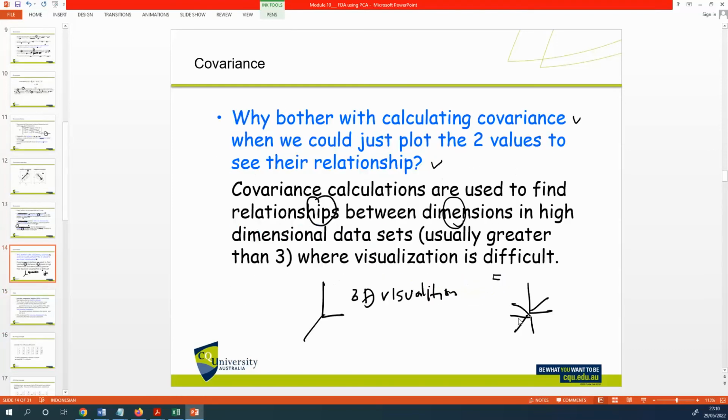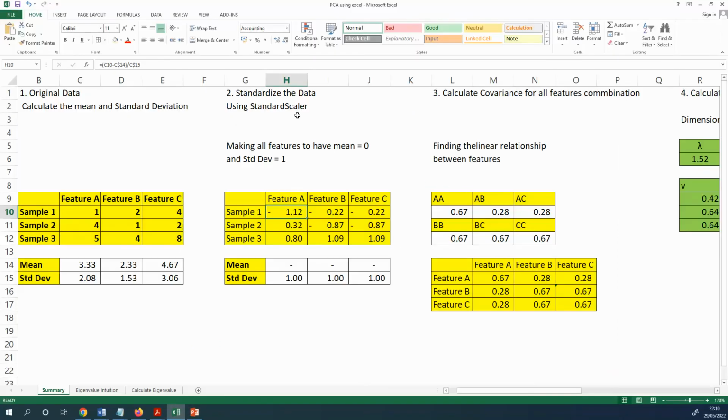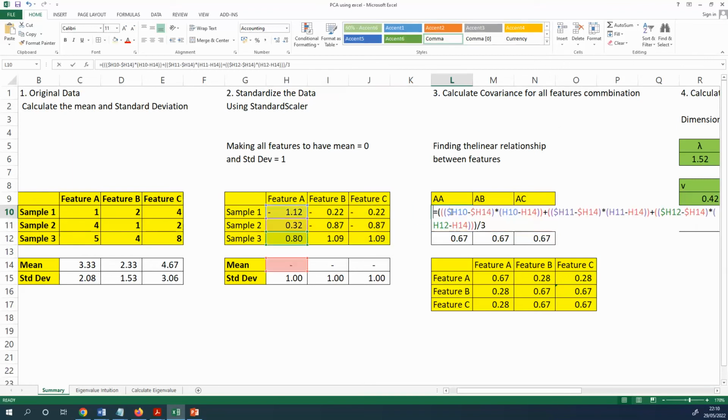So let's do the covariance. After we apply the standard scaler to normalize the data, we calculate the covariance. How to do the covariance?